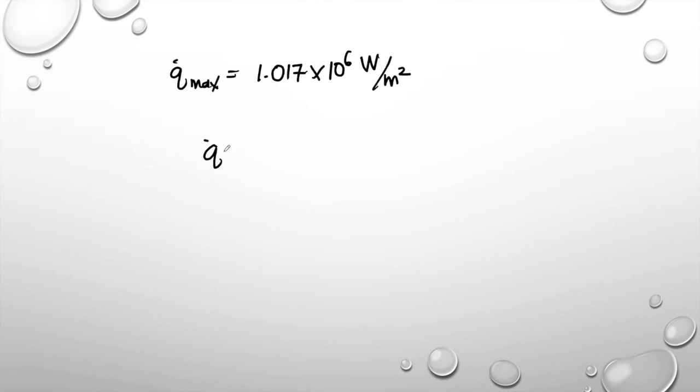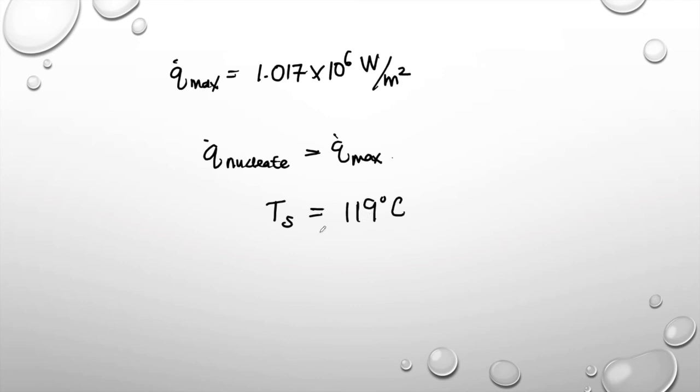So you equate the Q nucleate equation with Q dot maximum, and then you will get your T surface equal to 119 degrees Celsius.